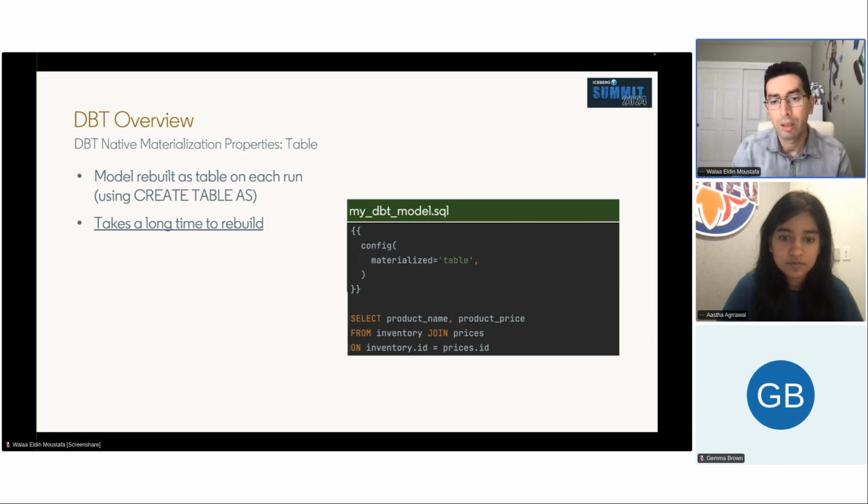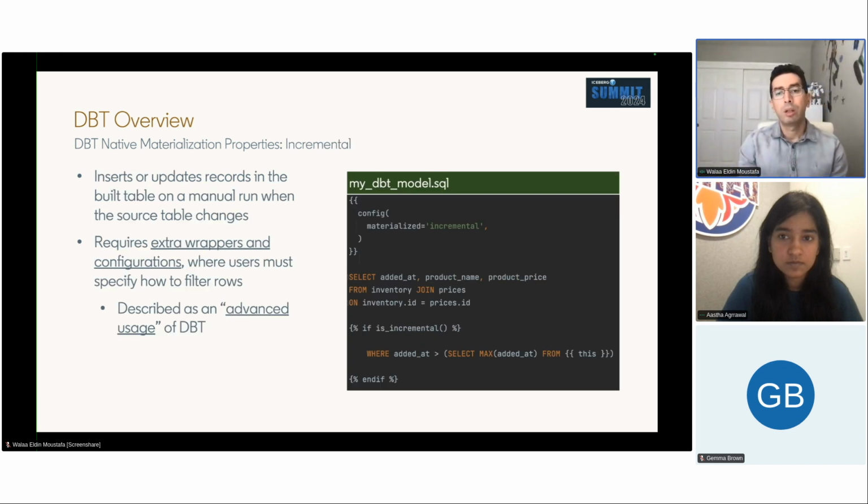The materialization mode that is most commonly used is called table, which basically takes the query and then dumps its output to an output table. So now if the underlying data change in the input tables, the model needs to be run again, and then the output table needs to be regenerated. And in this case, as you could expect, a full scan happens and a full recompute happens every time we want to refresh the output table.